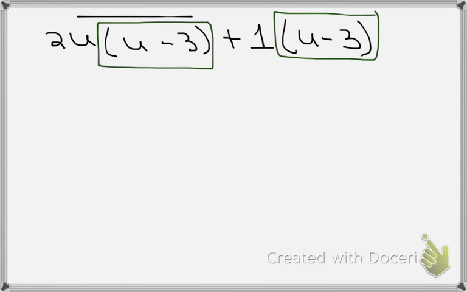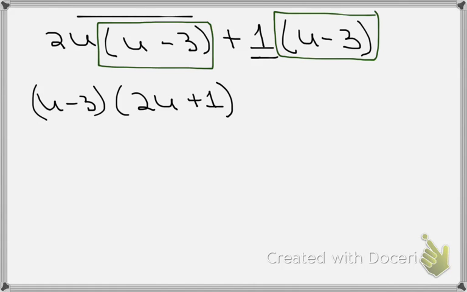So let me factor out that u minus 3 carefully and see what's left. When I factor u minus 3 out of the first term, I'm left with 2u. When I factor it out of the second term, I'm left with plus 1. And just be careful, because often students forget that there is a 1 there, and it's not often written, but I put it there for emphasis so we can see it this time. So I have u minus 3 times 2u plus 1.